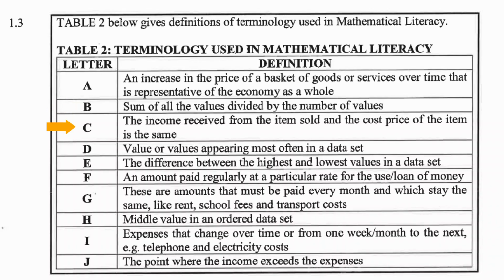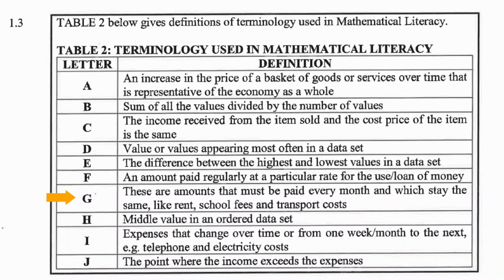C is the income received from the item sold and the cost price of the item is the same. D is the value or values appearing the most in a data set. E is the difference between the highest and the lowest value in a data set. F is an amount paid regularly at a particular rate for the use or loan of money.